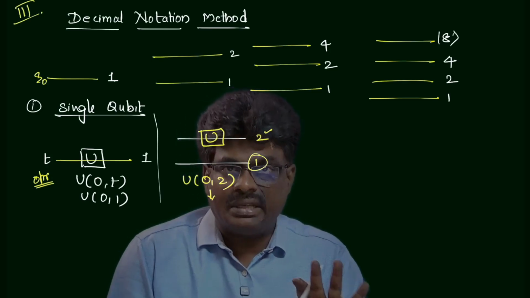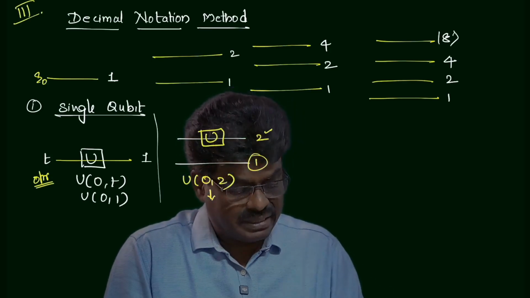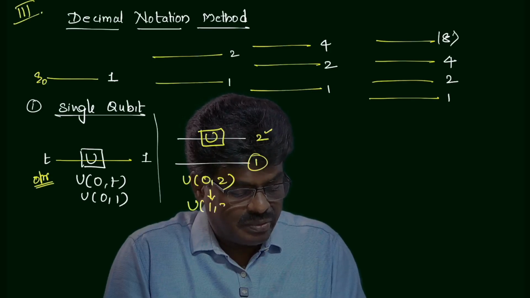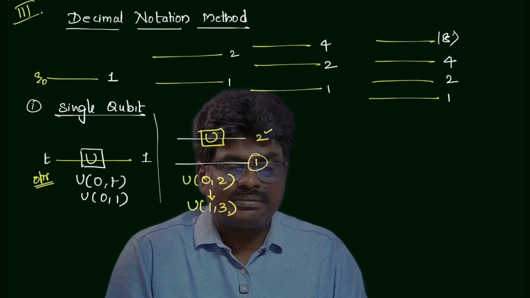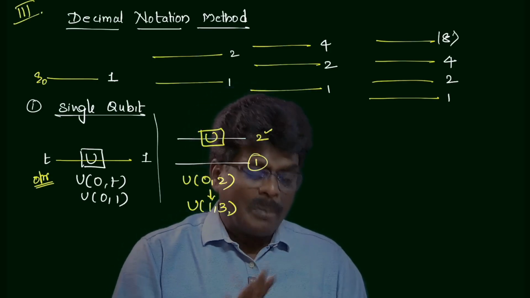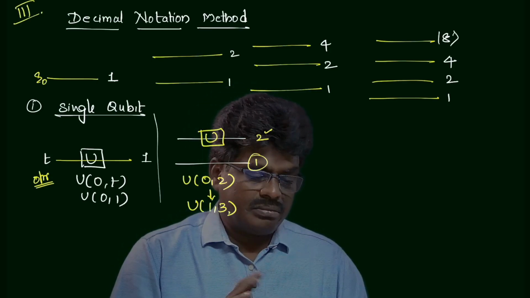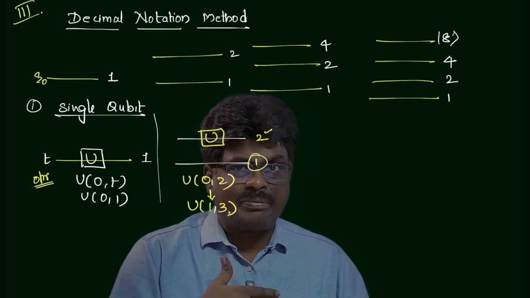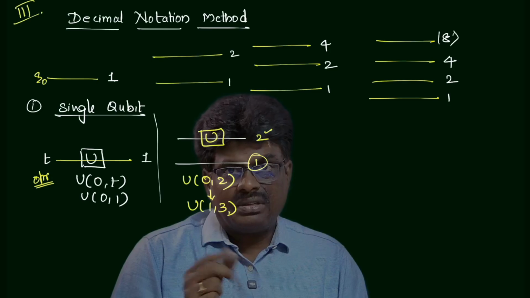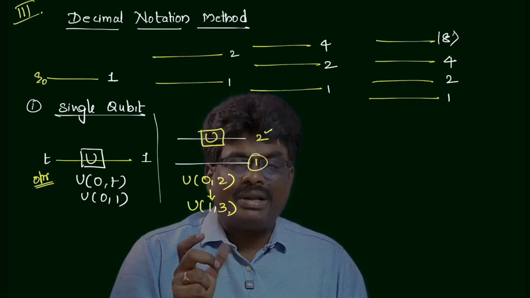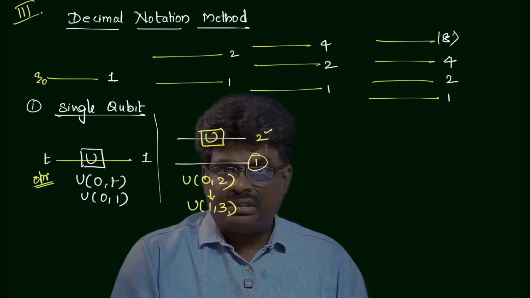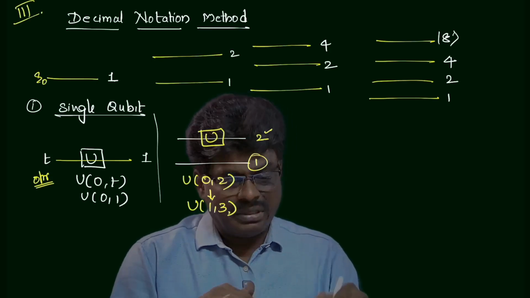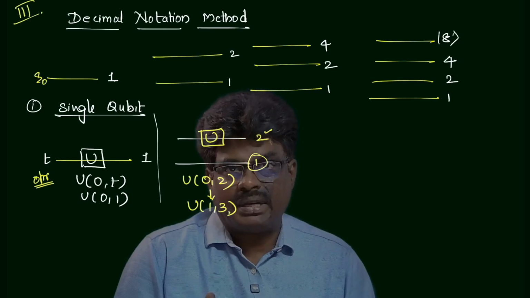It's a simple decimal addition only, no binary addition. It's very easy. So 1 comma 3, that's it. That means it will make the changes, superposition or flip, only on these states, the 0 and 2 combination and the 1 and 3 combination. The 0 and 3 combination you won't get in this case. Okay, the 1 and 2 combination also you won't get.